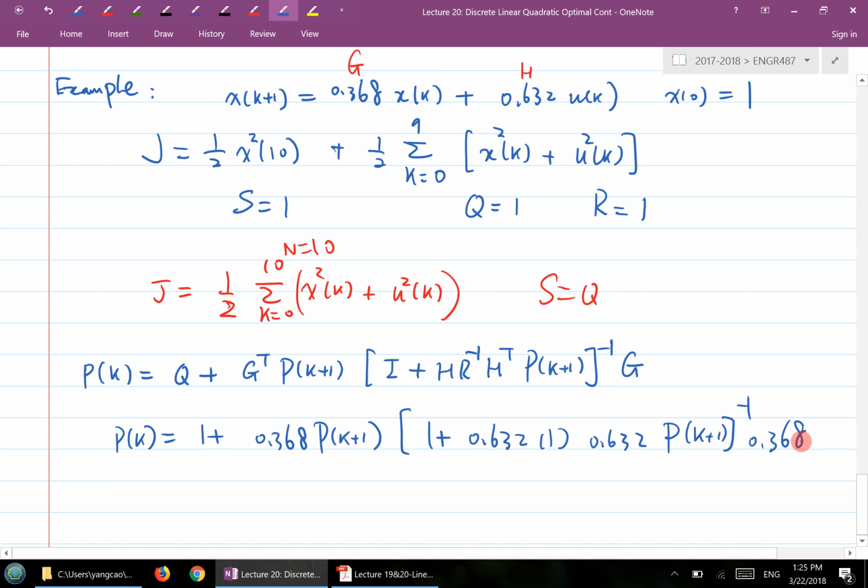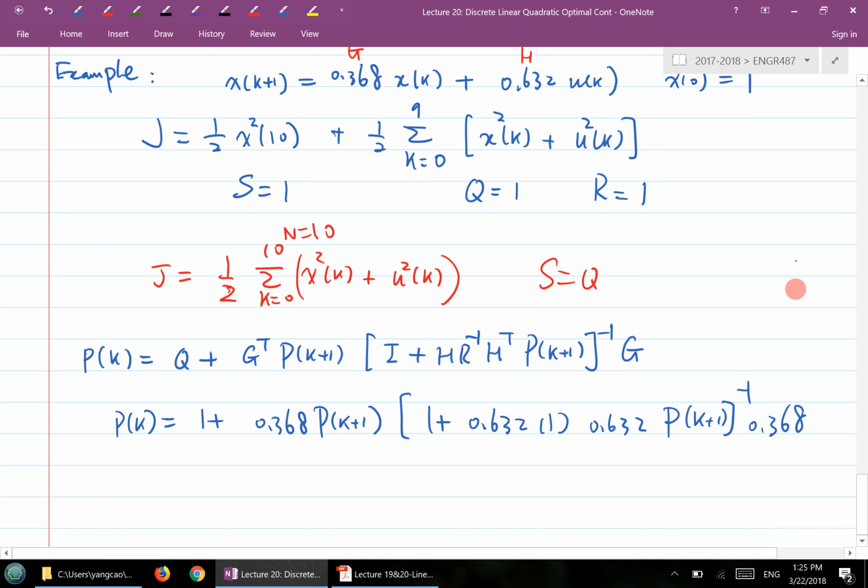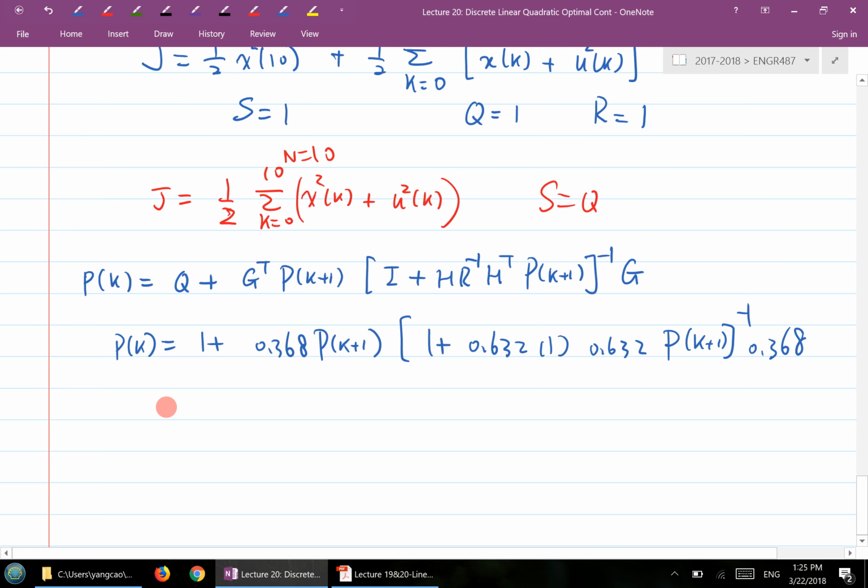A little more difficult would be a 2 by 2 matrix, where you plug in all the matrices. Once you get this, you can do a simplification here. So I'll give you this one.